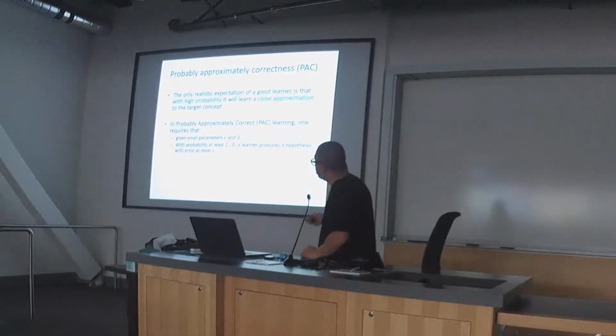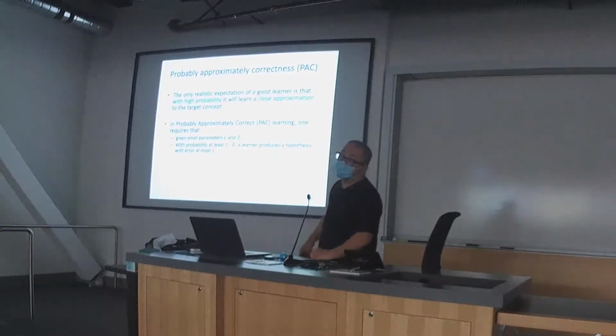To align with our expectation of good learners, we have to introduce a few notations. First, epsilon and delta, which indicate the level of this probability and the level of this approximation.